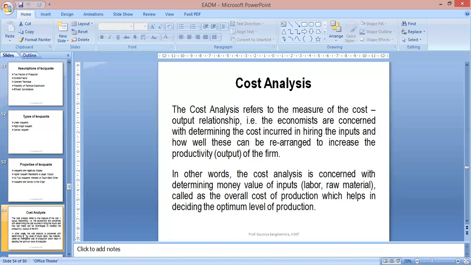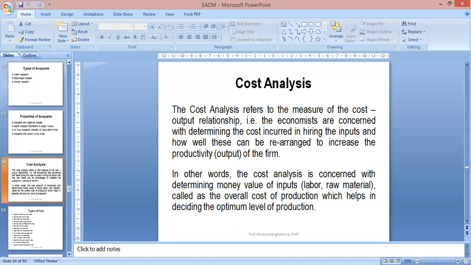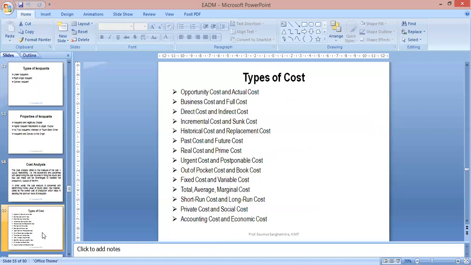Then our next point is types of cost. First is opportunity cost and actual cost. Opportunity cost is the loss of earning due to lost opportunity. Opportunities are foregone due to scarcity of resources. And if resources were unlimited, there would be no opportunity.